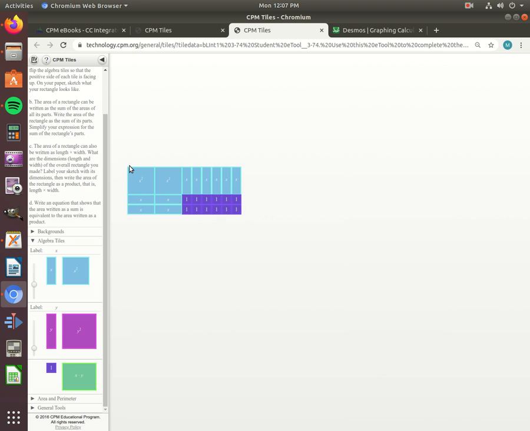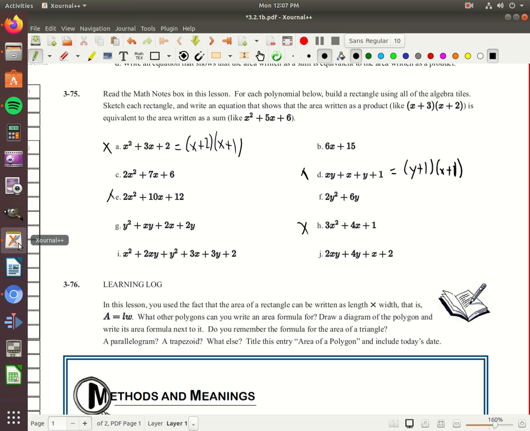So there we go. So again, on this one, I have 1x, 2 x's, right? Plus 1, 2, 3, 4, 5, 6. So that's 2x plus 6 and x plus 2, so it equals 2x plus 6 times x plus 2.